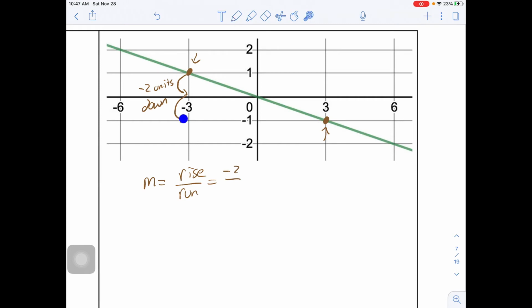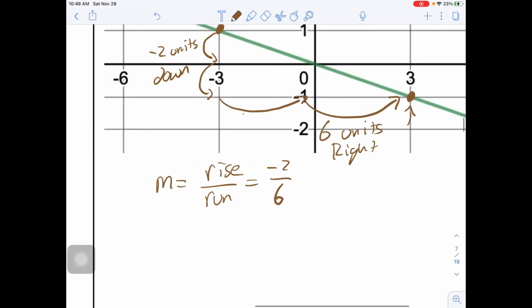And then for my run, remember each tick is 3 units, so this will be 3, 6. In total, this is 6 units right. And since we're going right, it'll be +6.